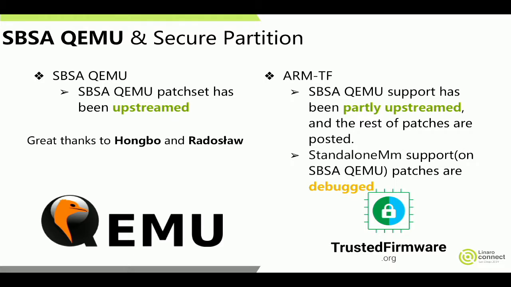So thanks to Hongbo and Radek, they implemented the SBSA QEMU and upstreamed it. Right now you can just use the mainline QEMU, recompile it, and have the SBSA QEMU running on your machine. So it is a new machine type that really follows the SBSA spec.